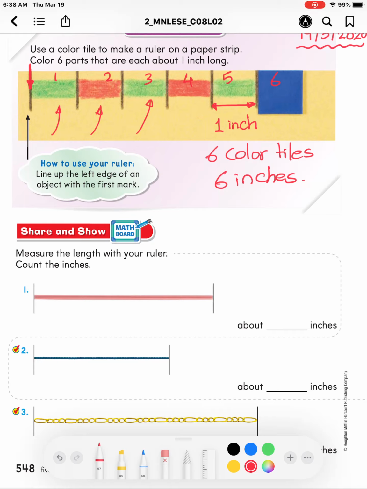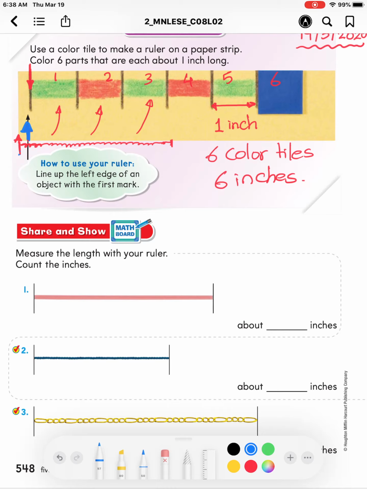If I want to measure this chenille, for example, this one, should I start it from here or from the first mark? Which one is correct? Start it from the first mark or to start it with the edge or the end of the ruler.